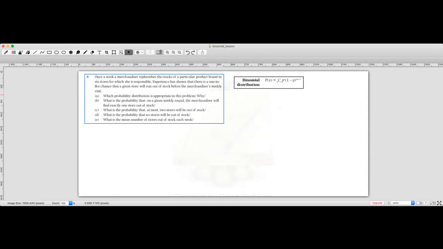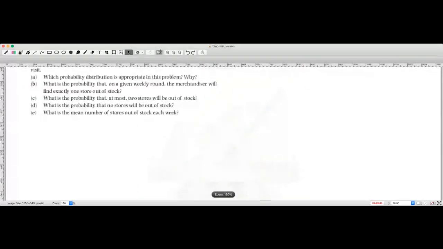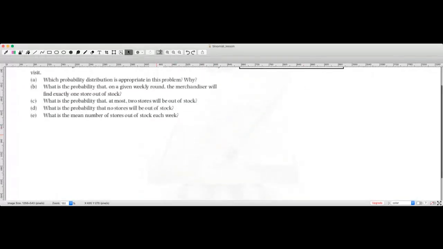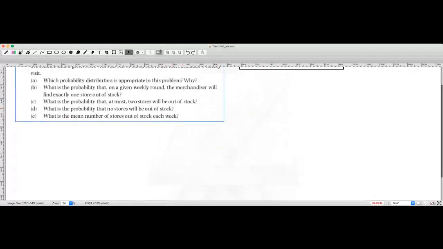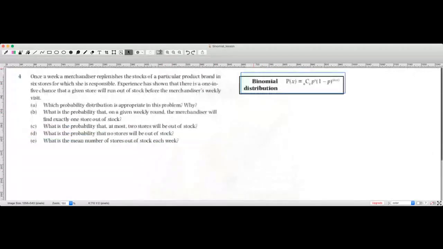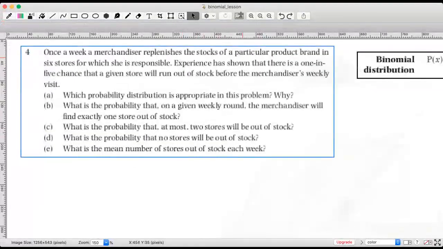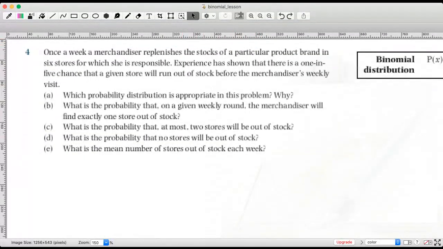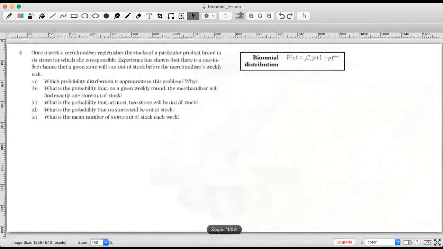Bigger, sure, I'll make the board bigger. Let me just zoom in. It does blur the writing a bit, which is not ideal. I don't like it. The resolution gets messed up here. Sorry.